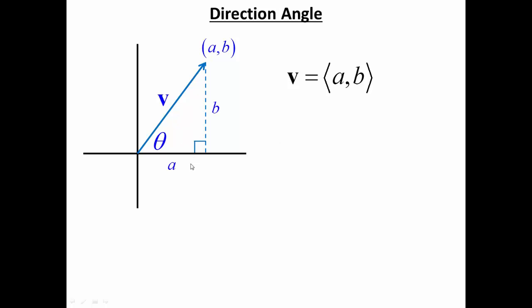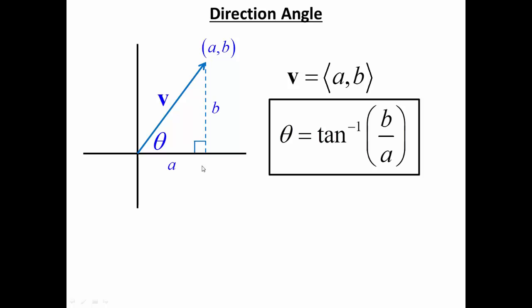Easiest way would be, since A and B is what we're given, the opposite side and the adjacent side, let's just use inverse tangent. Remember, inverse trig functions are used to find angles. I could technically also use inverse sine or inverse cosine, but those would require use of the hypotenuse, which means I would have to figure out the hypotenuse before I could do it. So if you're just given A and B, might as well just use inverse tangent.